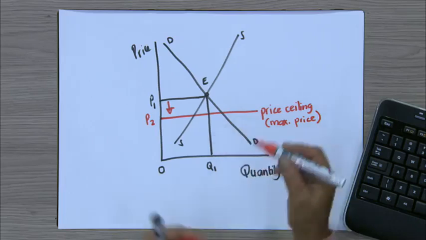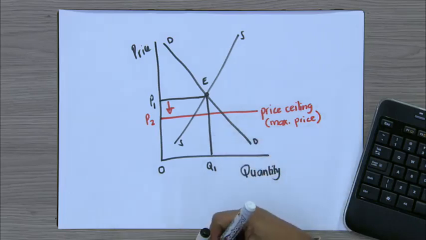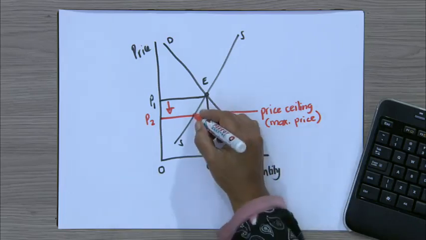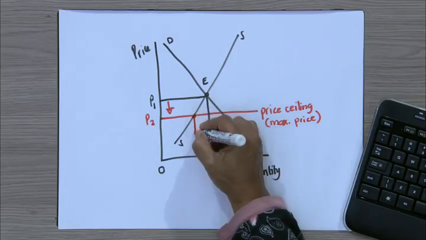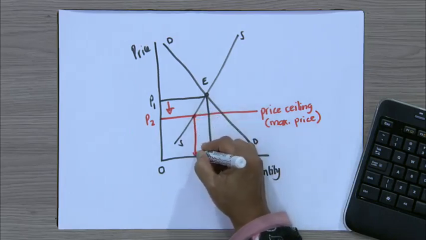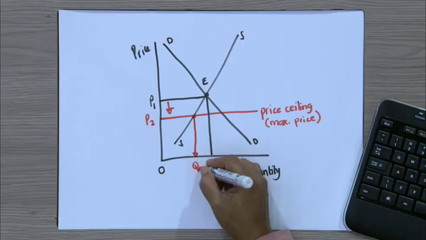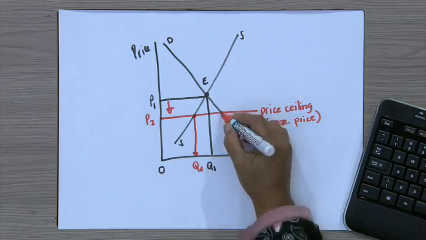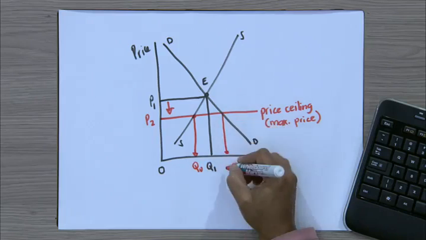Now from here you can see the kinds of issues you can have. If you see here, that is where your supply is going to now move to. Make that Q0. And that is where your demand is going to move to.